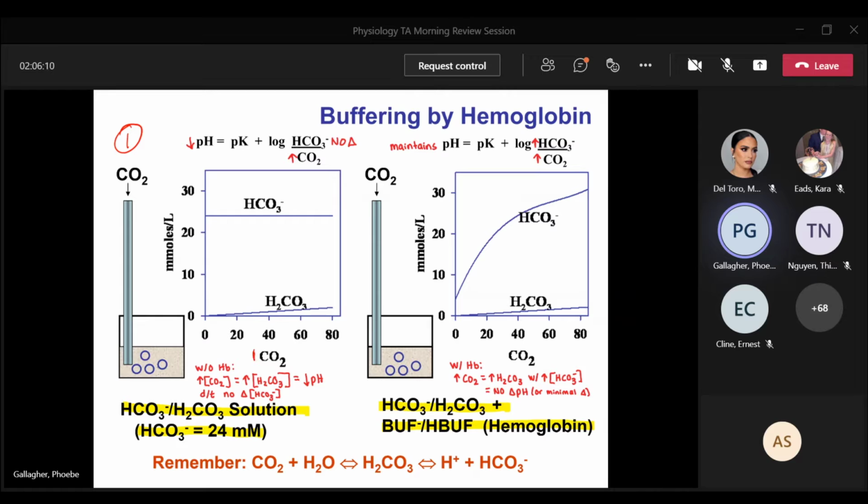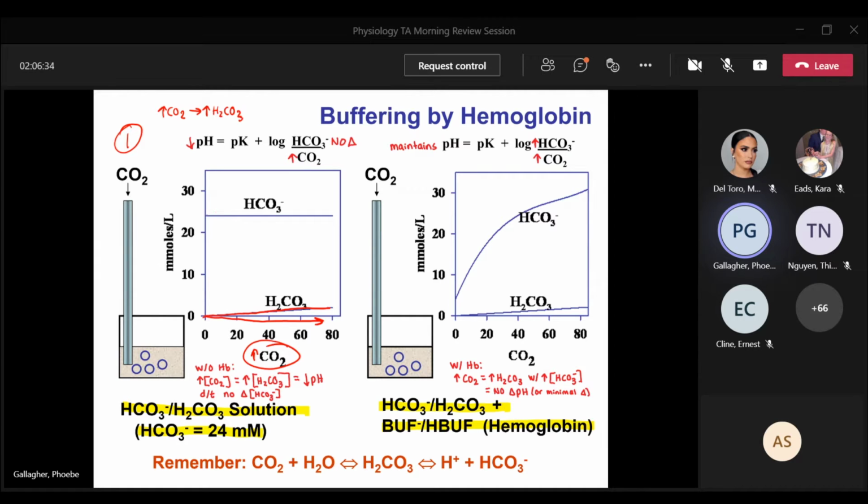So as CO2 increases, as you move across the x-axis, you're going to see a slight increase in your carbonic acid, which makes sense because if you're increasing your CO2, it's going to increase your carbonic acid. So you'll see a slight increase here.